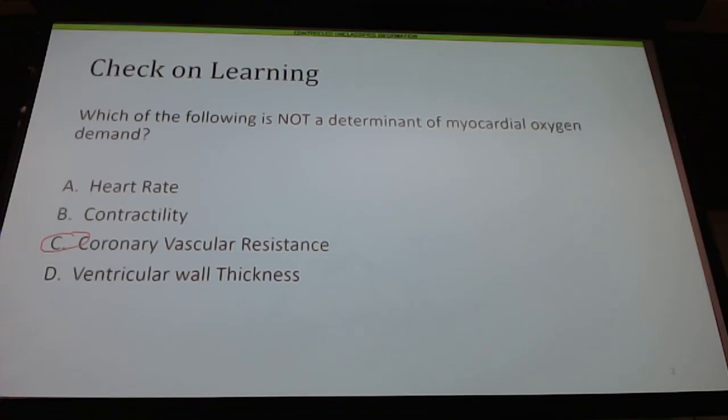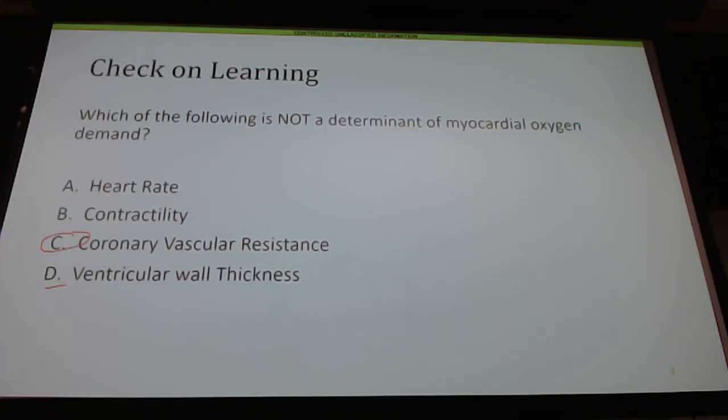And then ventricular wall stress, we talked about how this is the factor where the myocytes are trying to stay in contact with each other, and the thickness or the stretch of them means more work. So you're having to work harder. But one of the things that can kind of counterbalance that is ventricular wall thickness.